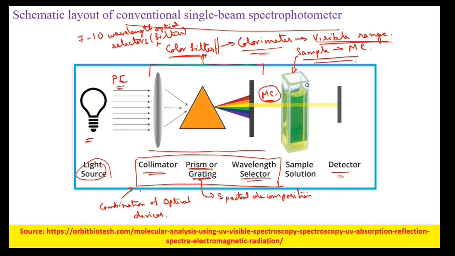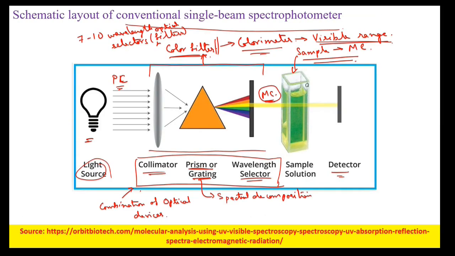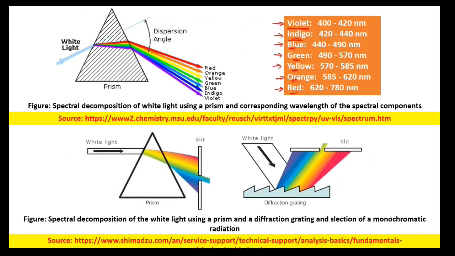But the disadvantage of the colorimeter is that at some particular wavelengths only you will be able to measure. So if you see over here, if you create a violet filter, it has approximately a wavelength span of 400 to 420 nanometer.